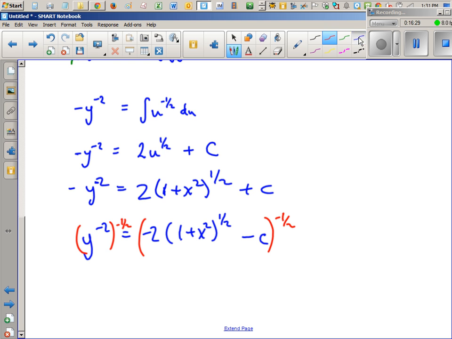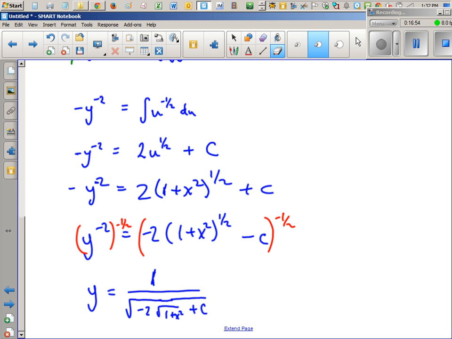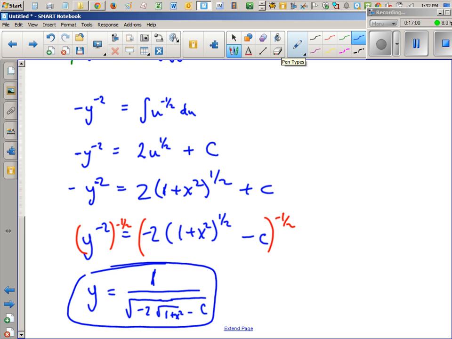Okay, so here's my answer, explicitly solved. y equals 1 over square root of -2 times rad 1 plus x squared plus c, or minus c. Either way, plus c, minus c, doesn't matter. I said I would keep it as minus c, so I will. Okay, there it is, your general solution.